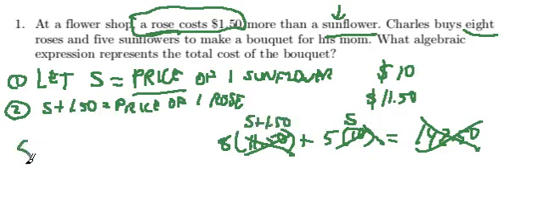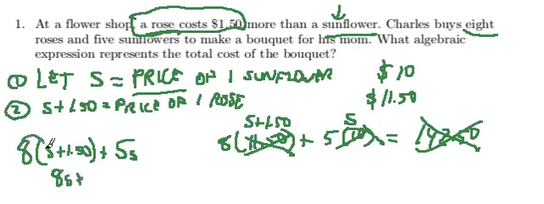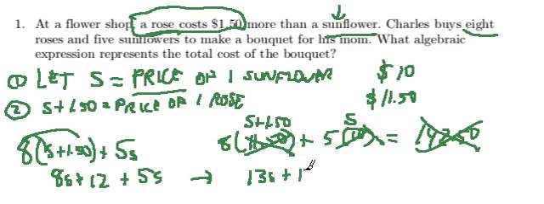So I have 8 times (S plus $1.50) plus 5 times S as the total cost of the bouquet. I could simplify this to get 8S plus 12 plus 5S, and this becomes 13S plus 12. Since we're talking about money, I'm going to put my units, which are dollars.